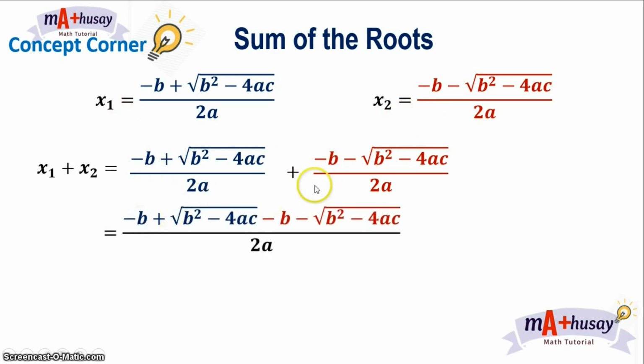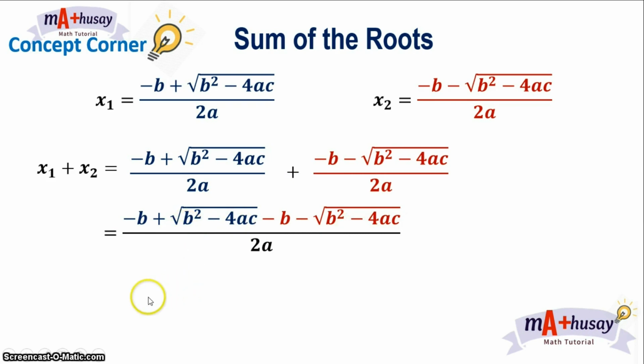Since we're adding, positive times negative is negative, positive times negative is negative. So we'll have in the numerator negative b plus the square root of b squared minus 4ac minus b minus the square root of b squared minus 4ac all over 2a.